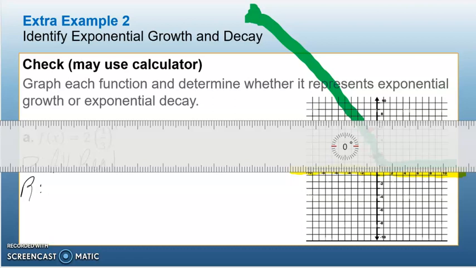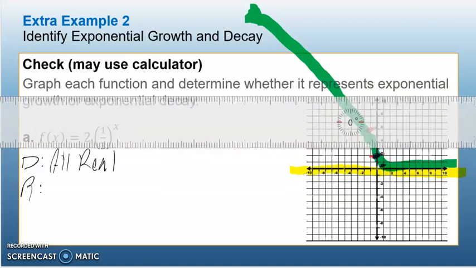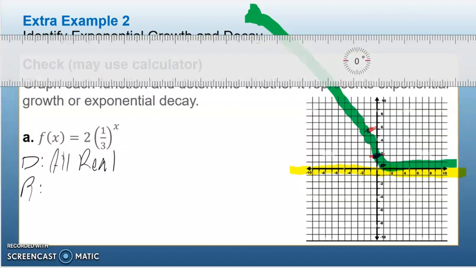Now I don't see any green there. That means once it hits the asymptote, it's no longer valid. So my range is going to be everything above the asymptote. And if the asymptote is at 0, my range is going to be greater than 0.